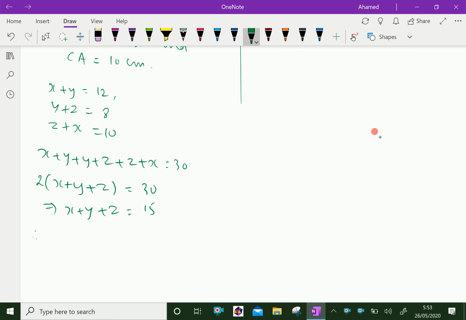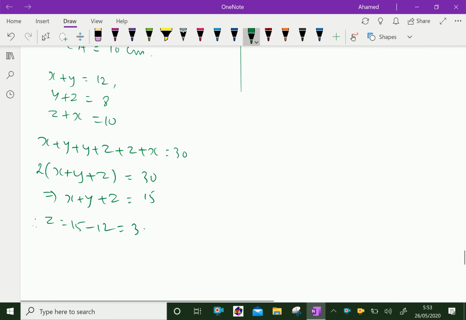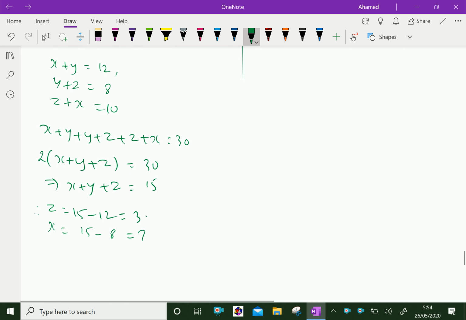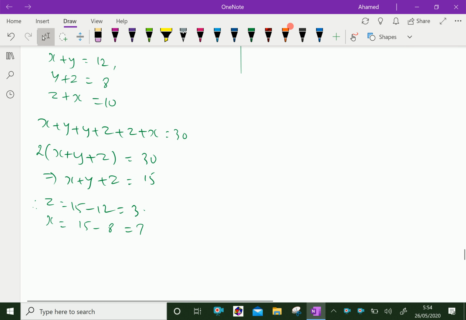Therefore z equals 15 minus 12, which is 3. We have y plus z is 8. Therefore x equals 15 minus 8, which is 7. And z plus x is 10, therefore y equals 15 minus 10 equals 5.